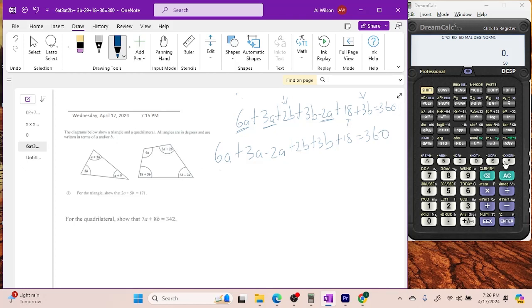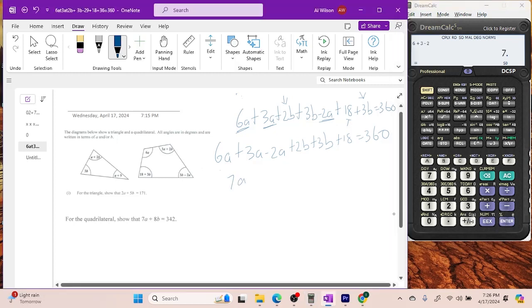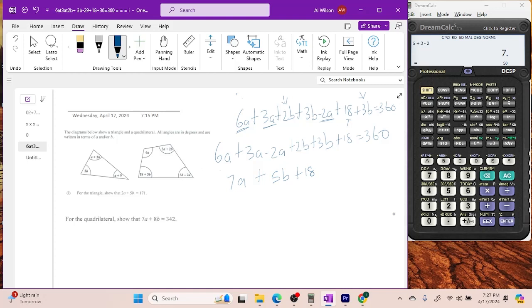Again, I just want you to start using a calculator, so I'll be using a calculator so you can get comfortable with it. 6 plus 3 minus 2 is equal to 7. So we have 7a plus 2 and 3 is going to give us 5b plus 18 is equal to 360. We're going to take this over and then subtract because of course it's adding on this side.